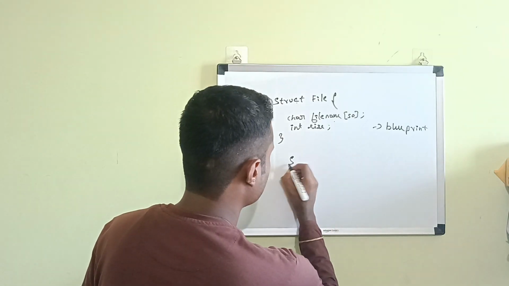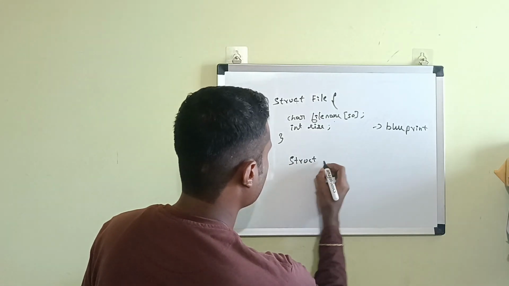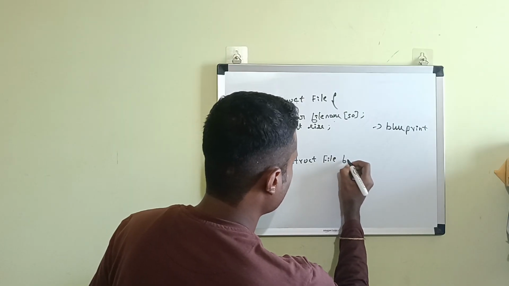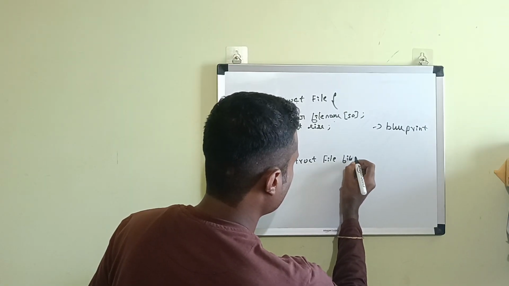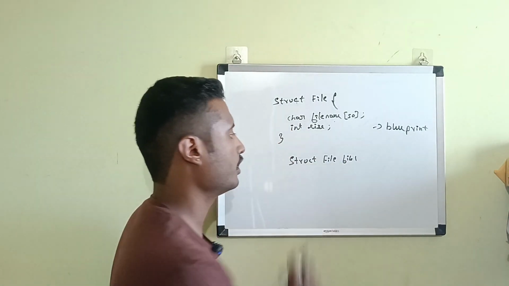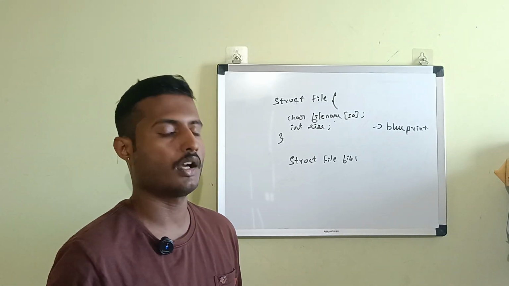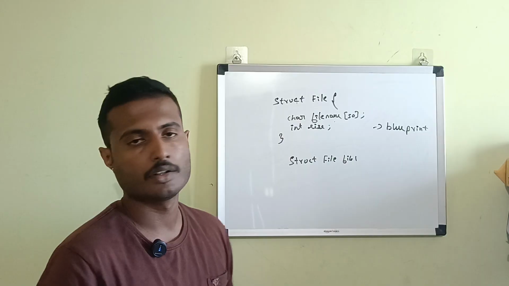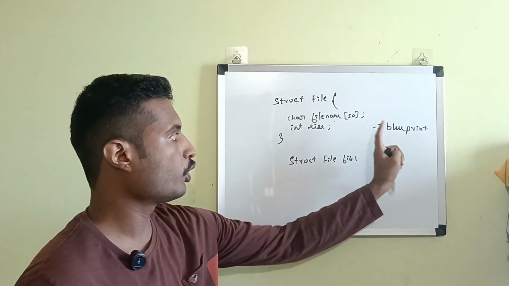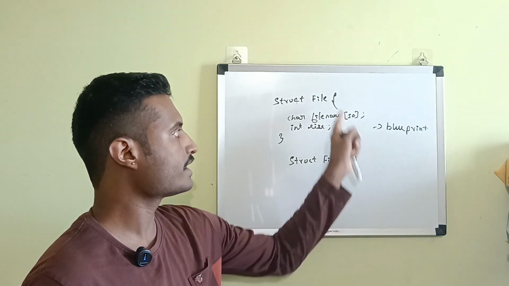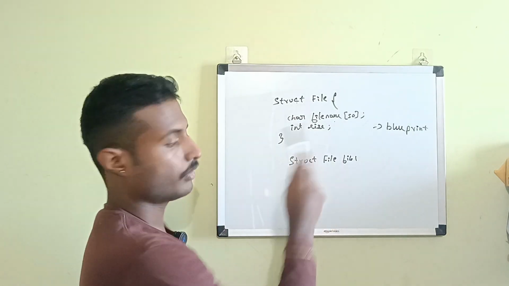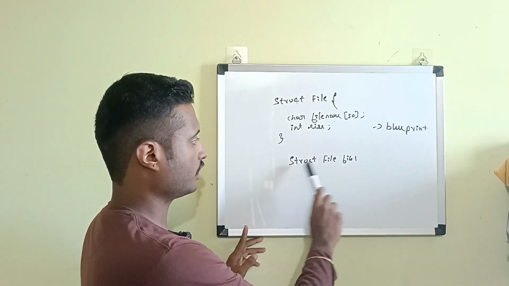How? struct file file1. This is file1. Now I built a house called file1. I have built a file called file1. Now, by seeing this blueprint, the computer got to know through this structure, right?